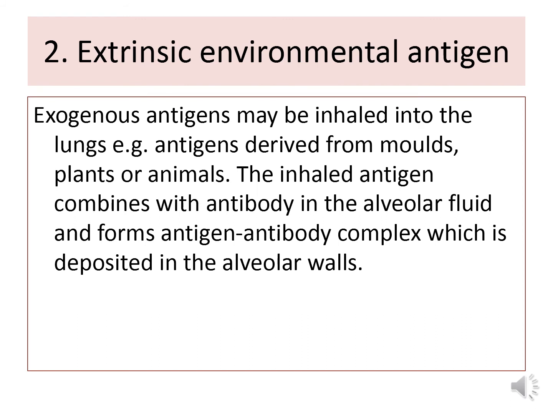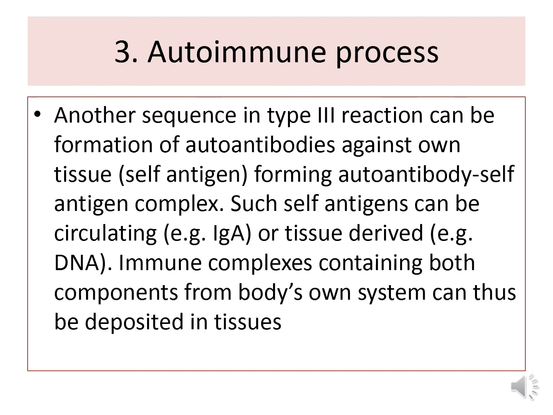The second, extrinsic environmental antigen. Exogenous antigens may be inhaled into the lungs, antigens derived from molds, plants, animals. The inhaled antigen combines with antibody in the alveolar fluid and forms antigen-antibody complex, which is deposited in the alveolar walls. The third mechanism, autoimmune process.